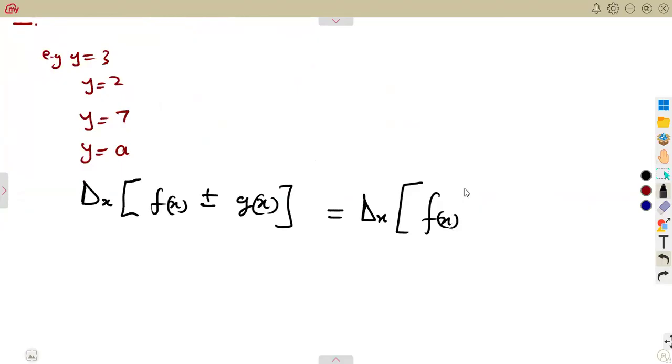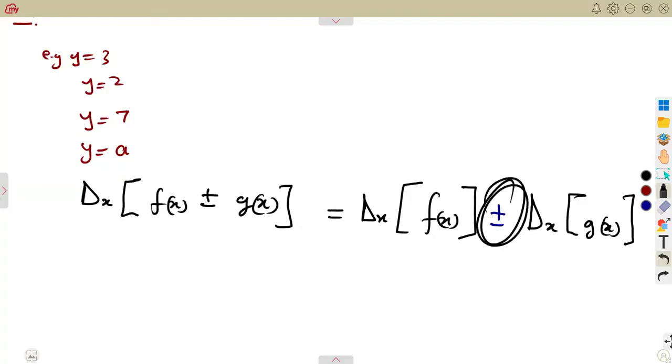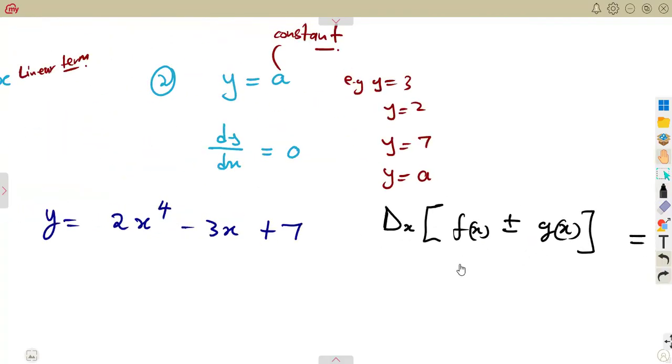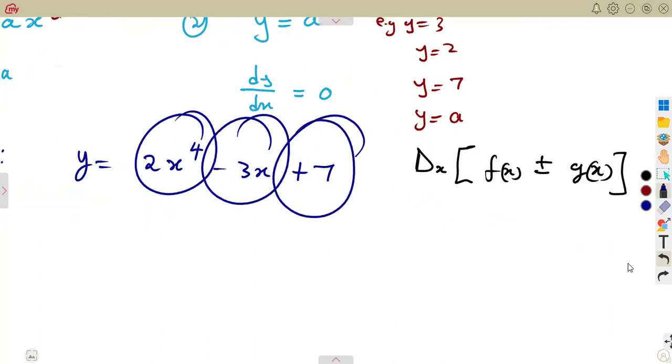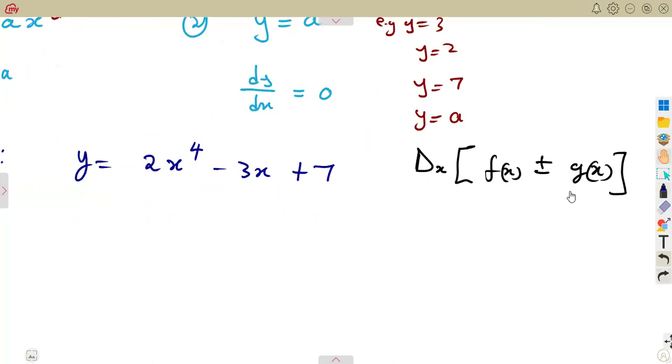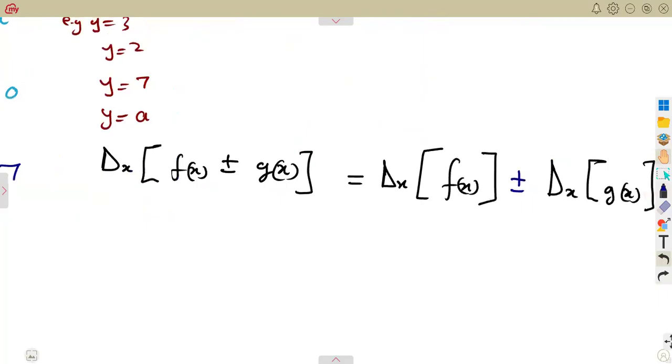We are also going to determine the derivative of g of x on its own, provided we are following the sign that is given there. So you find the derivative of each. This simply means there are 3 terms, 1, 2, 3. We find the derivative of each. That is the concept of this part. You find the derivative of each term.